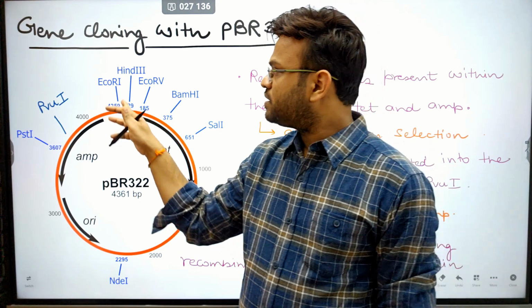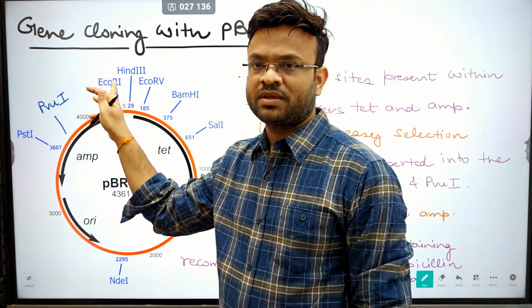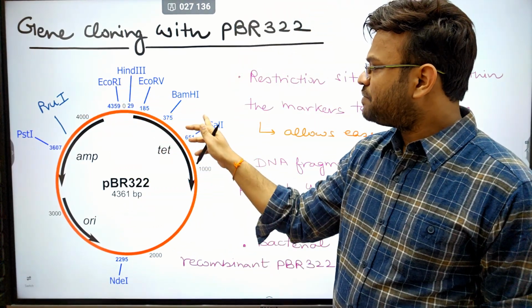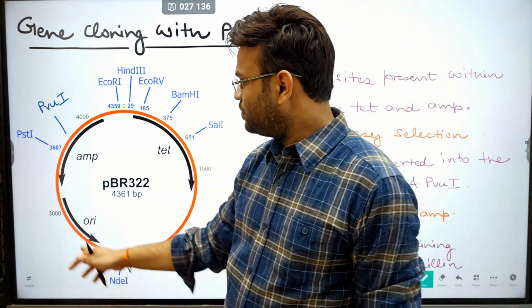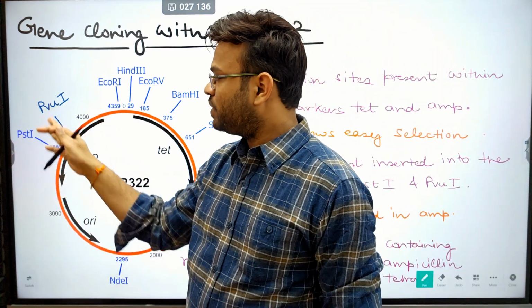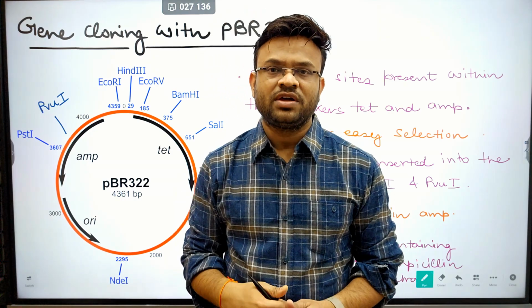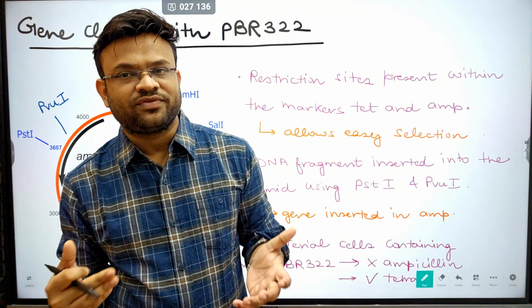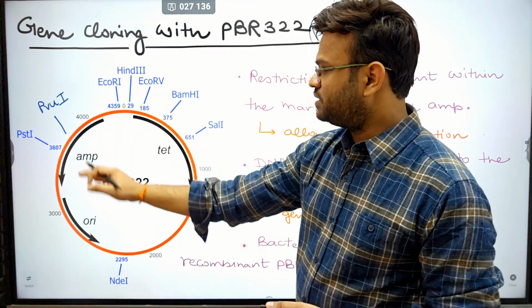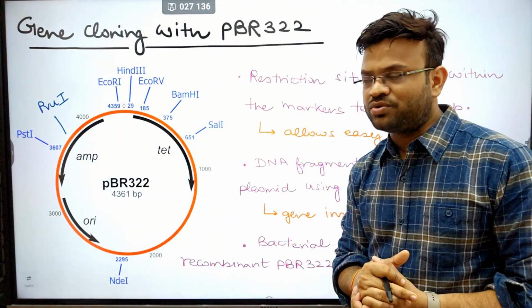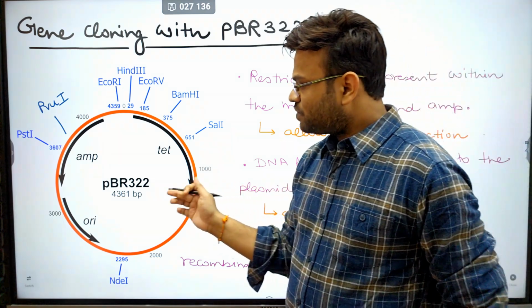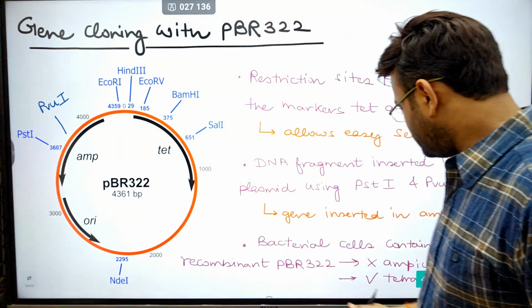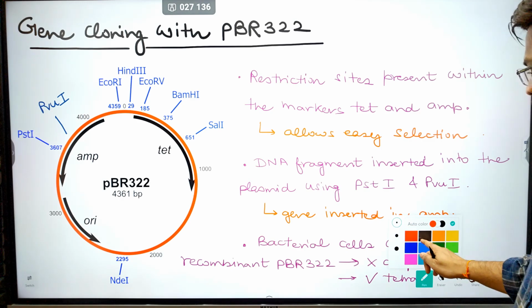So you can see over here HindIII, EcoRV, BamHI, SalI, NdeI, PstI, PvuI. Basically, these are the different types of restriction enzymes that would be cleaving at different spots, at different positions in the pBR322 genome.